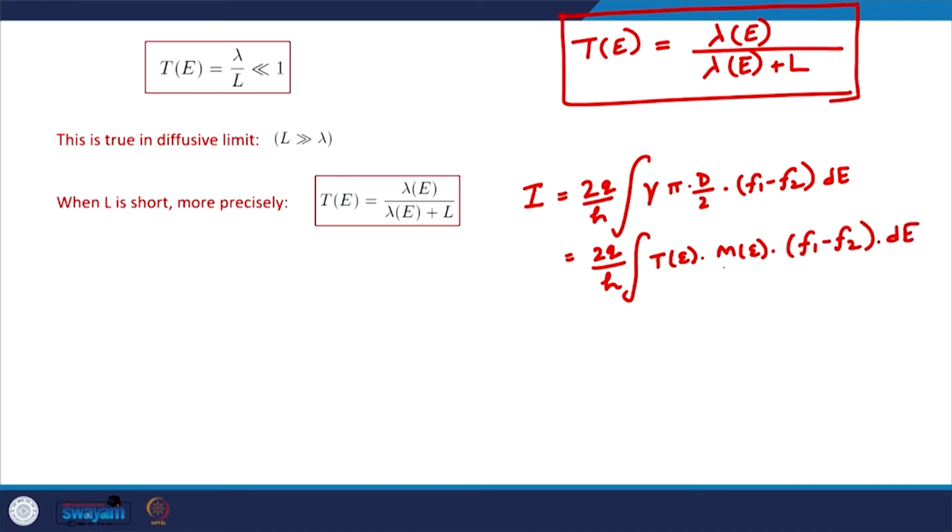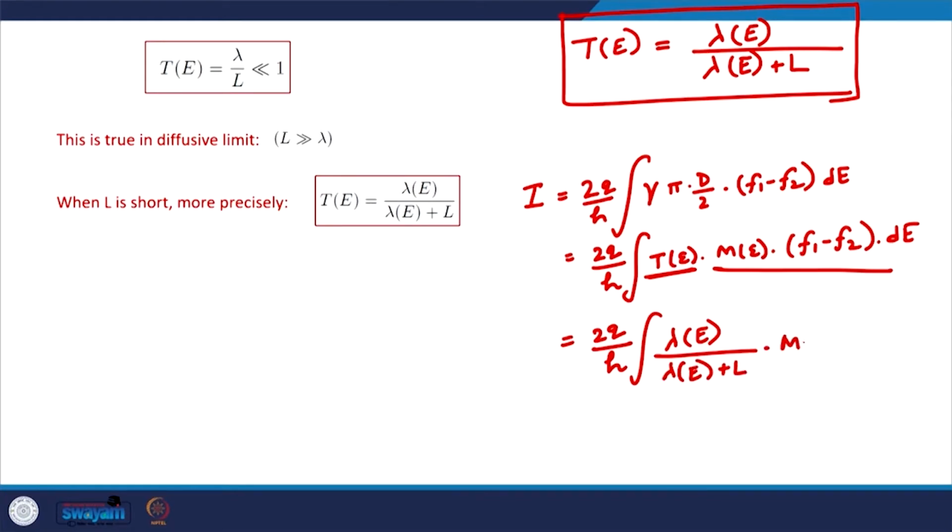And now we have an expression for TE as well. Writing the expression for TE, the current in a general case can be written as M(E) times F1 minus F2 dE. So, this is the expression for the current in the case of diffusive transport.